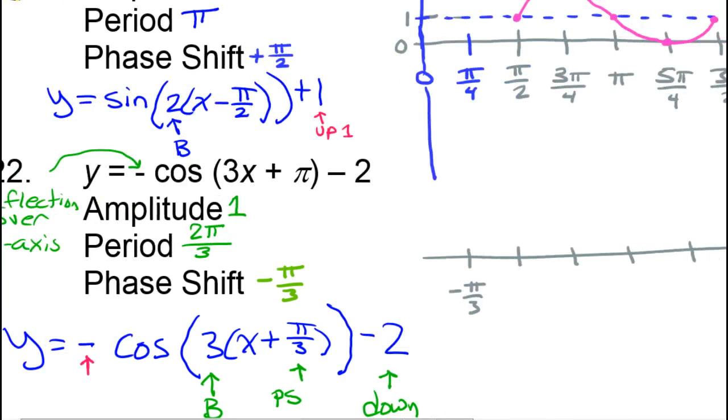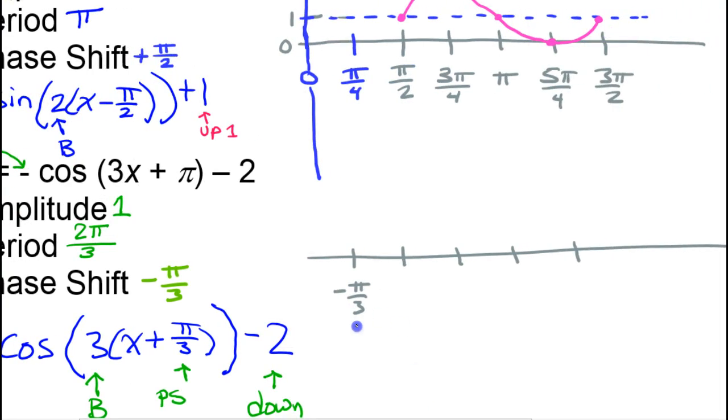So what I need to do now is add pi over 6 to figure out what the next mark is going to be. However, I need like denominators here. So to get like denominators, I really need to multiply this by 2.